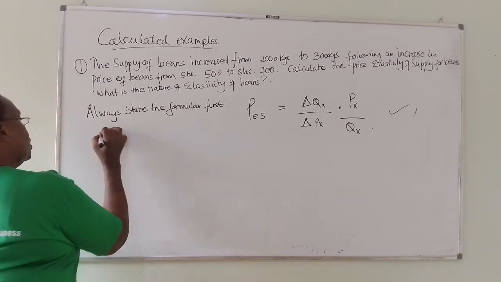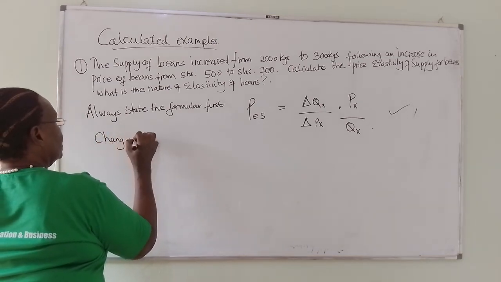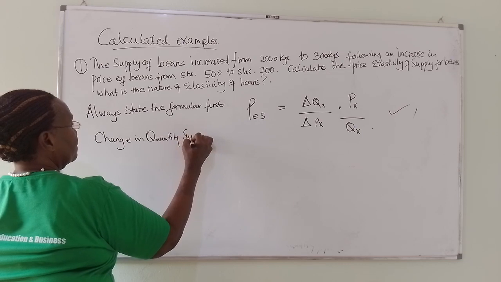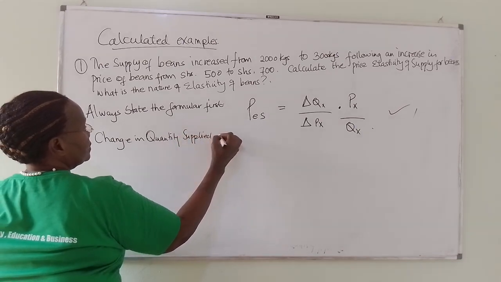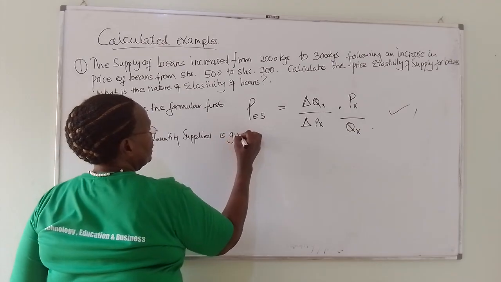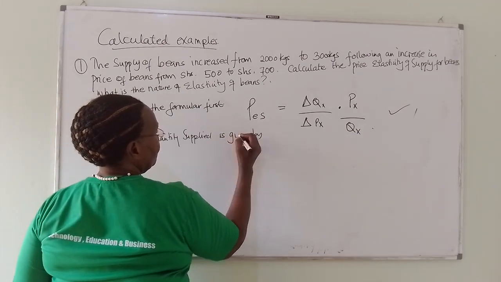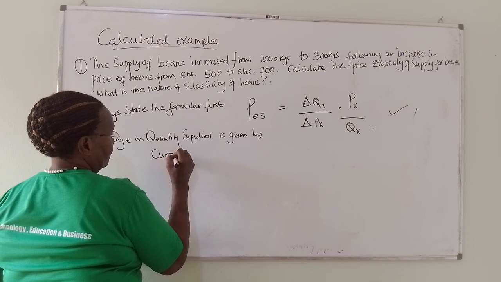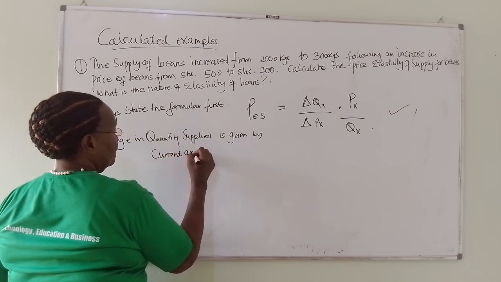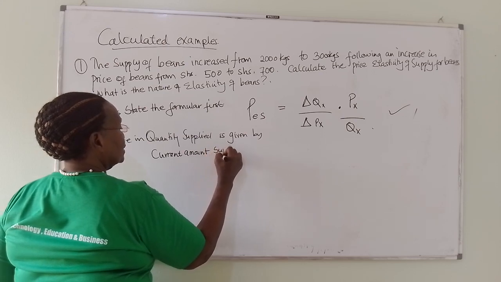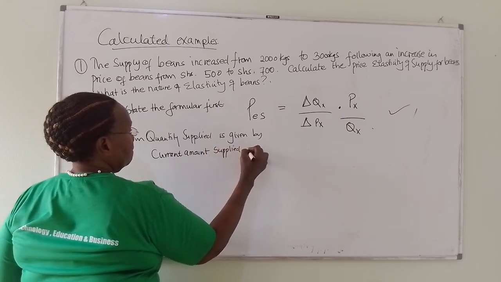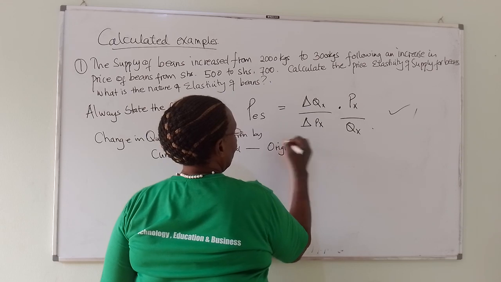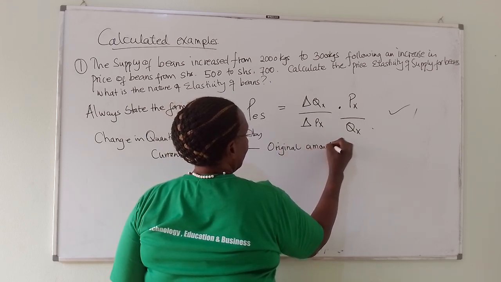So how do we calculate change? Change in quantity supplied is given by current amount supplied minus original amount supplied.